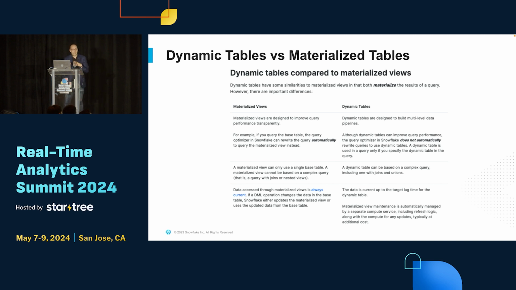Dynamic tables are also similar to materialized views, but they have different kind of power. Materialized views are more limited on what you can do with a materialized view. And also, a materialized view doesn't have the target lag concept.